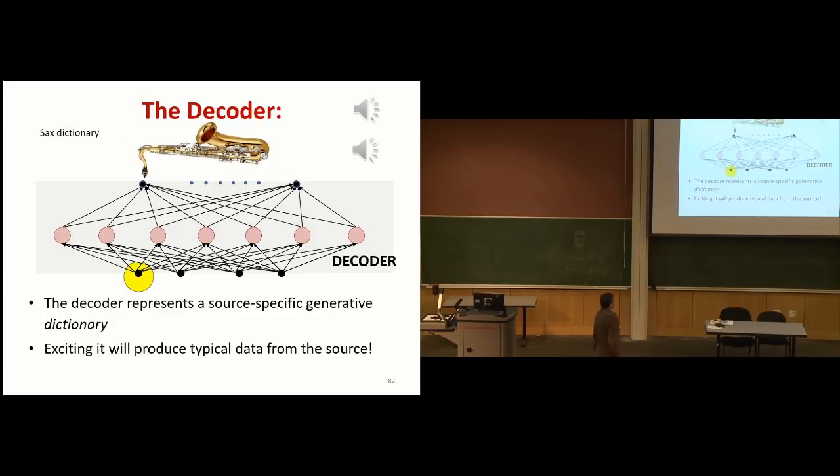And so let me try some fun examples. Here, we've actually used an autoencoder to learn to autoencode little bits of music, music from the saxophone in this case. And then after having encoded it, I just took off the decoder, and I'm going to excite this decoder with different patterns. And of course it's going to produce some spectrogram which I can synthesize as sound, and here's what you're going to get.